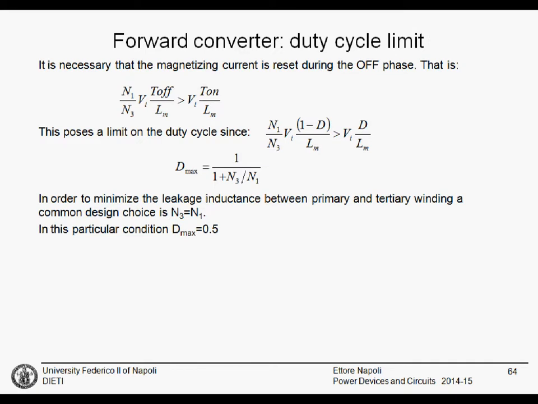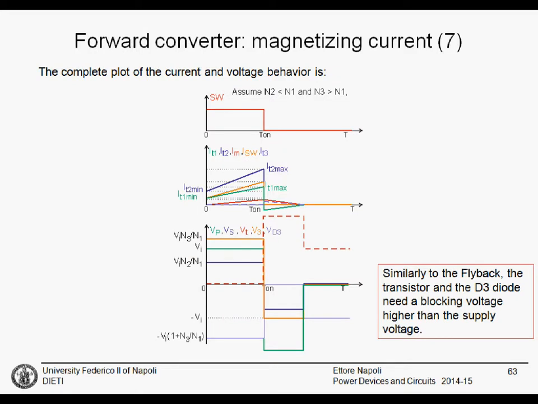In the previous plot, I showed you that the magnetizing current is charged during the on phase and discharged during the off phase. In principle, no one tells us that there is enough time to discharge the magnetizing inductance. We are not imposing any constraint on this.